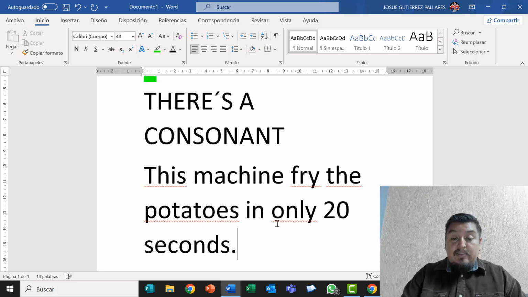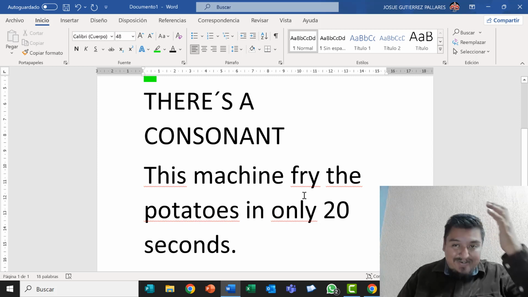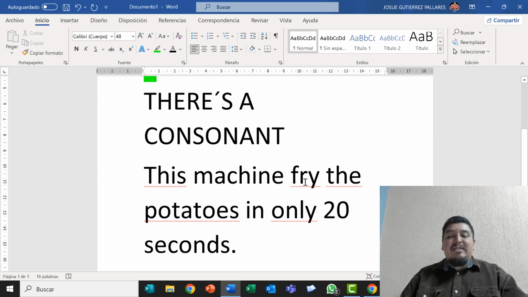Wow, 20 seconds is a good meal because you are going to enjoy French fried potatoes in only, maybe French potatoes, I don't know, but fried potatoes in only 20 seconds. Wow, this machine, where can I buy it, right? So this machine fry.